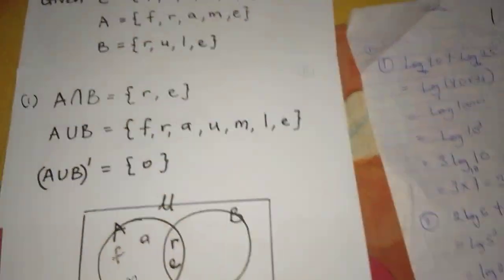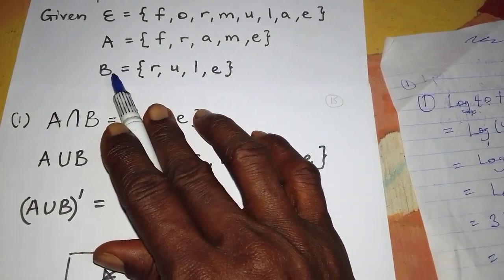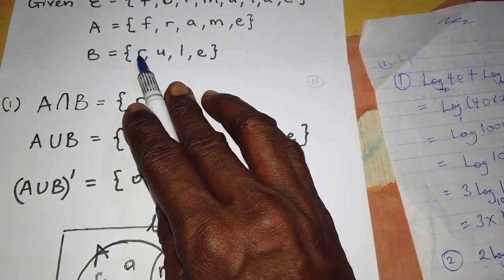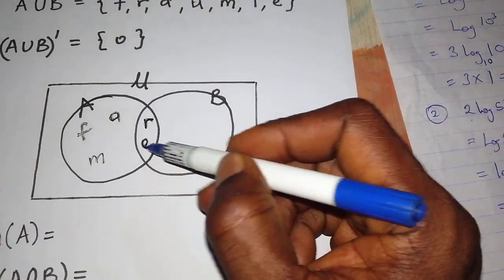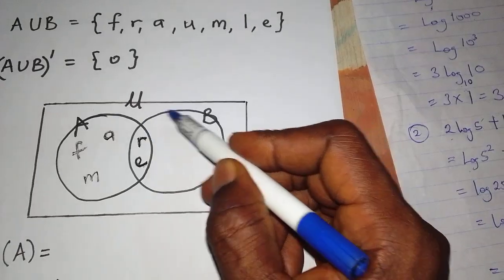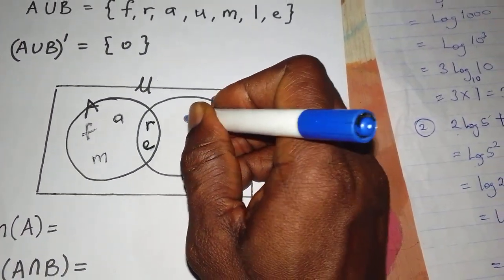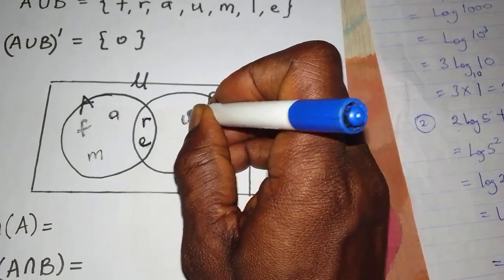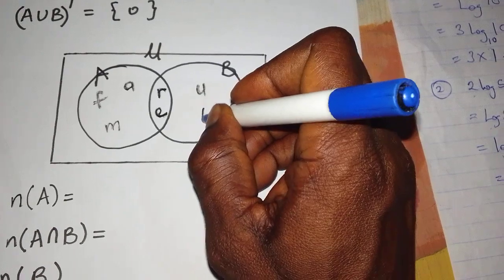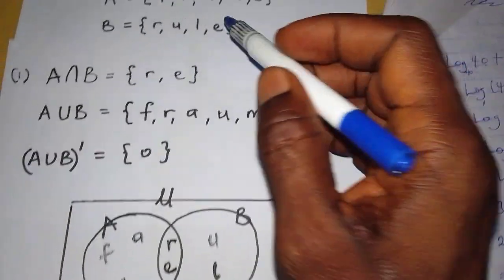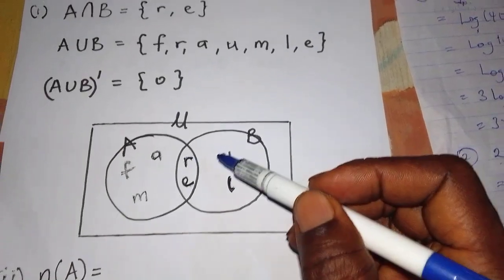Again, let's come to the letters of the word in set B. In B, you have letter R. This is the circle for set B, so R is already in the circle. Then U, so write U. Then letter L, so write letter L. Then letter E, which is already in the circle.